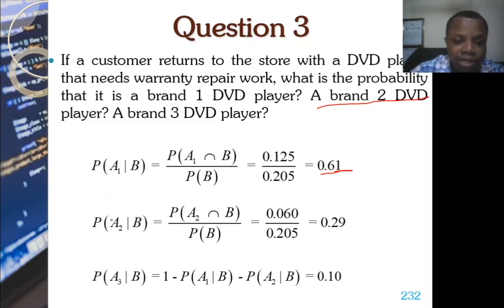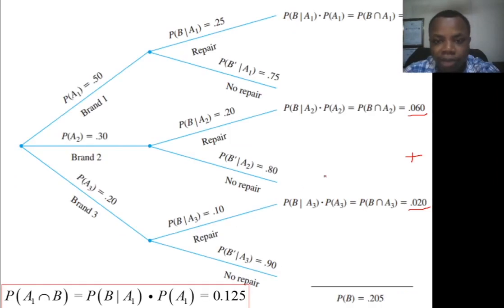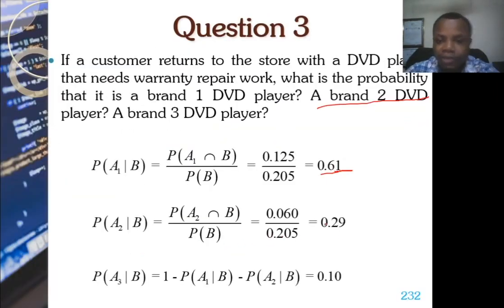The probability of brand 2 DVD player given that it is going to need warranty repair work will be equal to 0.06, which we estimated from here, over our B, which will give us 0.29, meaning that about 29% of brand 2 will need warranty work.